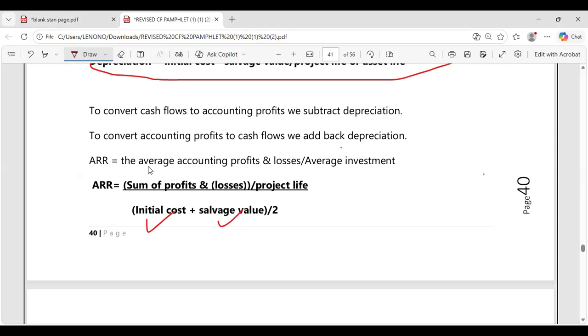Then average accounting profit is equal to the sum of profits and losses divided by the project life. The average investment is initial cost plus salvage value divided by 2.